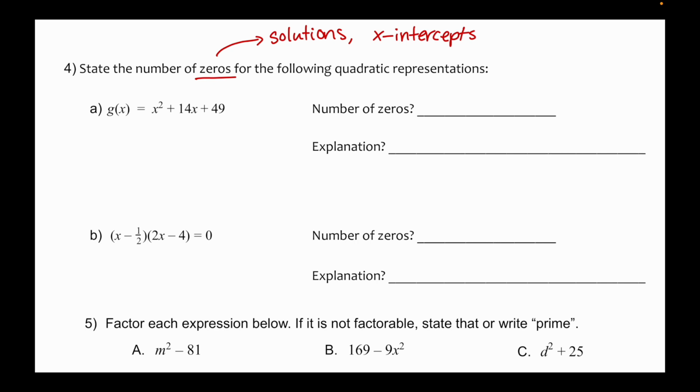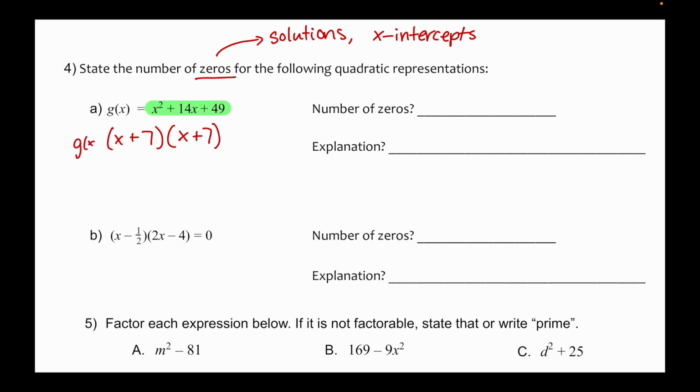So first, looking here at A, we have g of x is equal to x squared plus 14x plus 49. So we need to factor this and see how many factors we have. We are going to end up with x plus 7 times x plus 7.